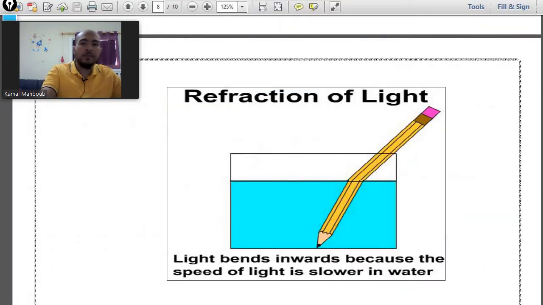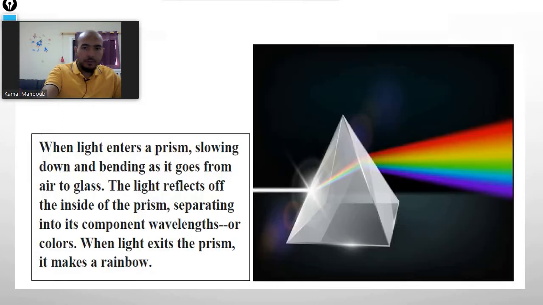Another example. Prism. Can you see that, guys? When the light enters the prism, it gets out with the 7 colors, the rainbow colors. Why? At first, you should know that light, in fact, is made up of 7 colors.